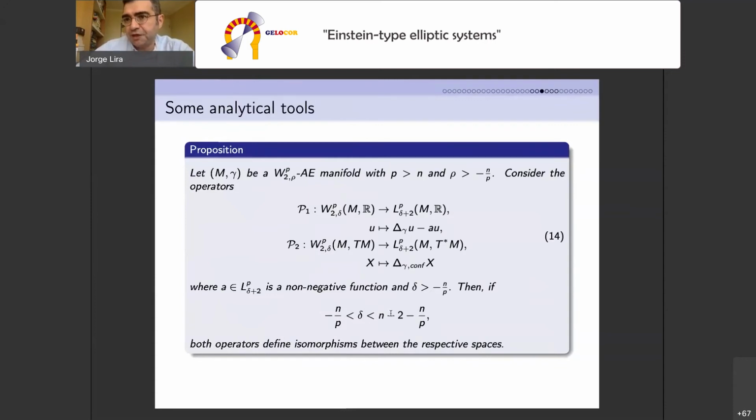So it's possible to obtain inverted operators here. That means that you can invert both Laplacians essentially. Besides that, you also have some guarantee of the maximum principle.